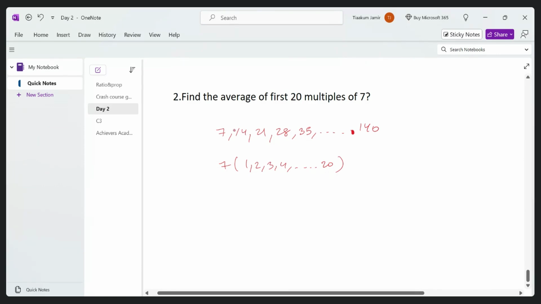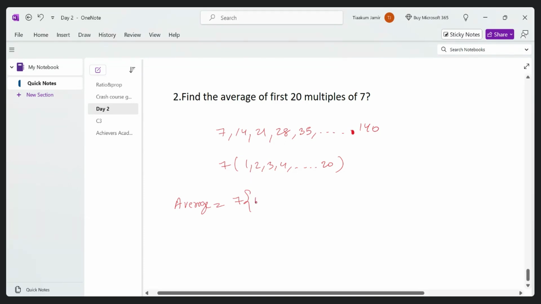Now let's mix everything and do it in one go. The average is the sum of observations divided by the total number of observations. The sum of observations will be 7 times (1, 2, 3, 4), the first 20 natural numbers. Earlier we did this with the first 40 natural numbers.